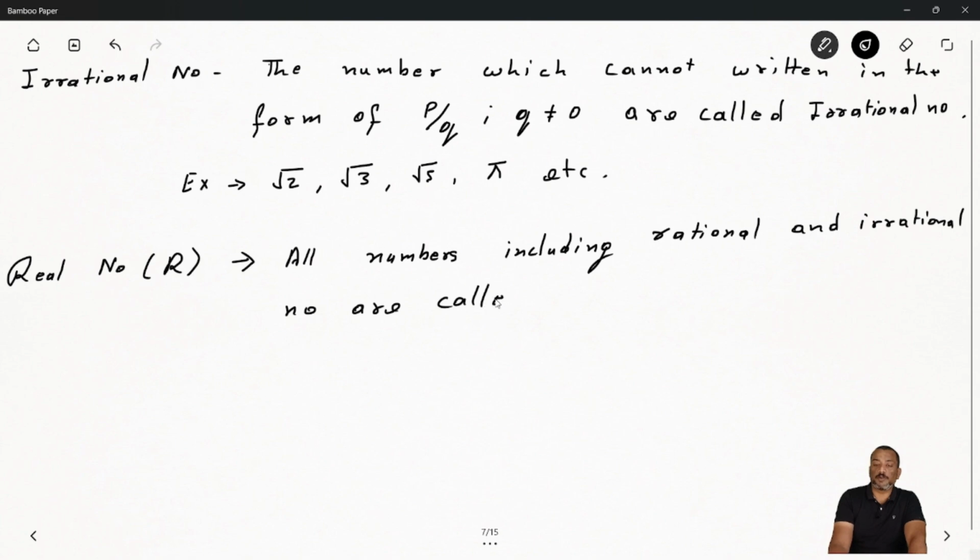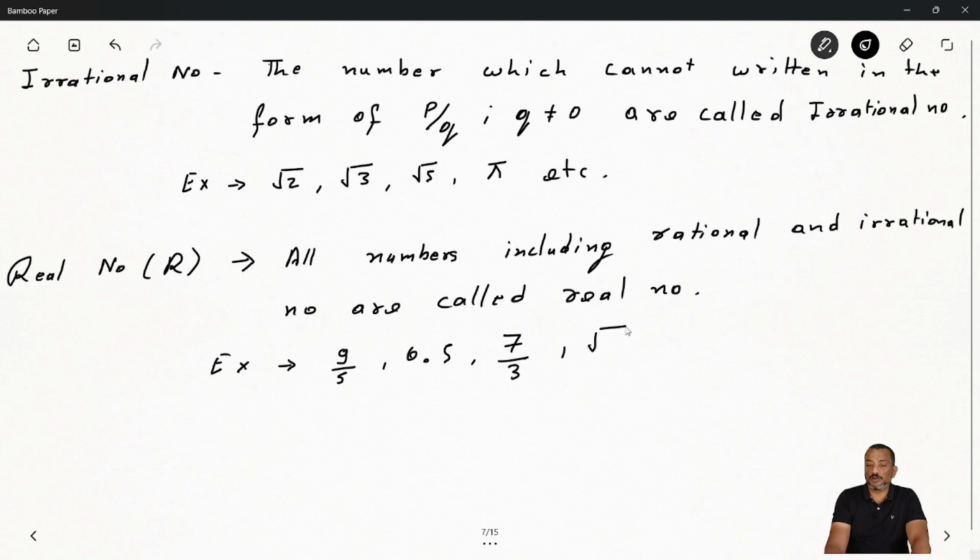Okay, so that is the real number. Now let's see some examples. An example of real numbers: 9 over 5, 0.5, 7 over 3, root 5, pi. So this is an example of your real number.